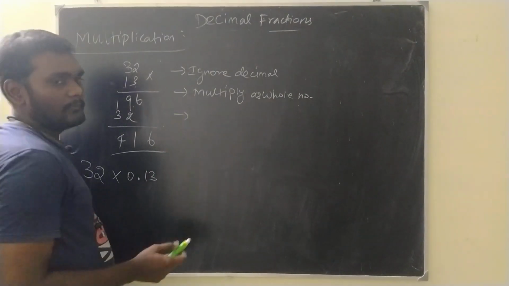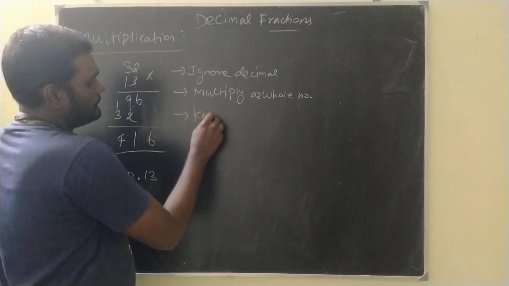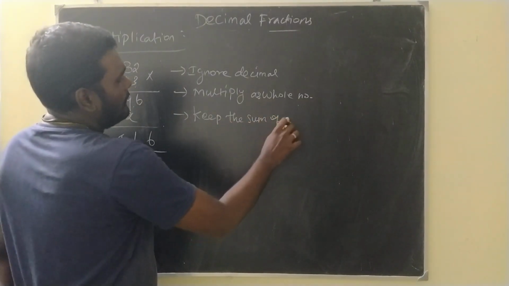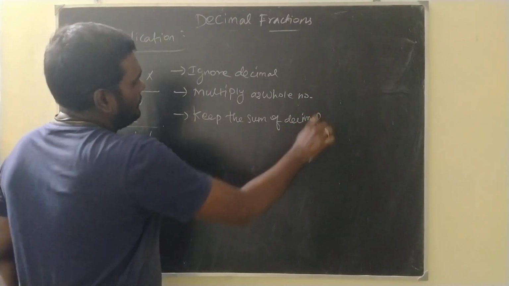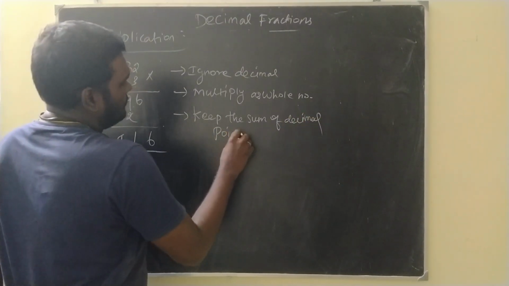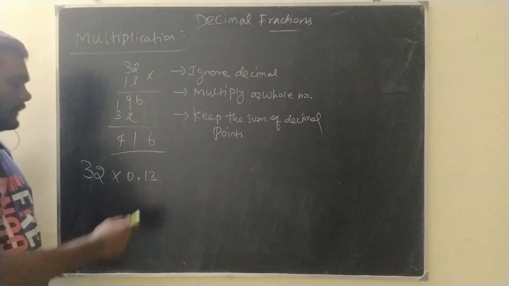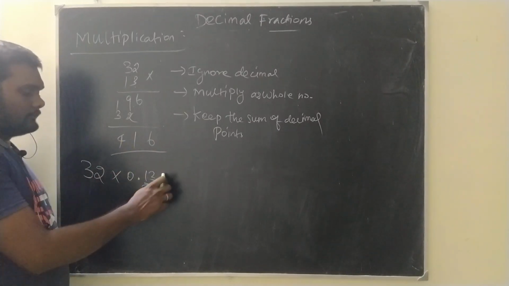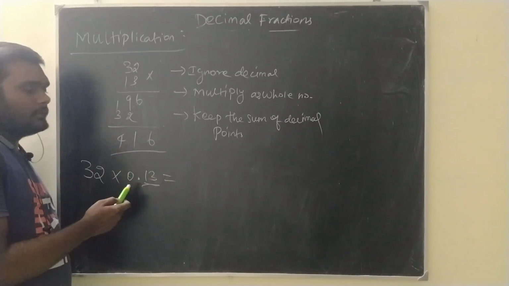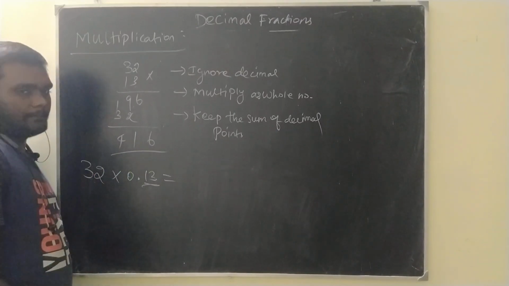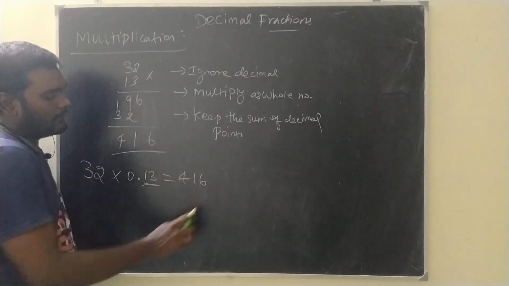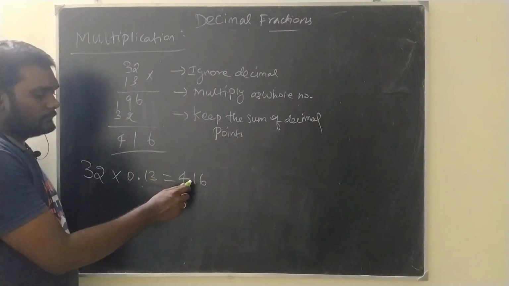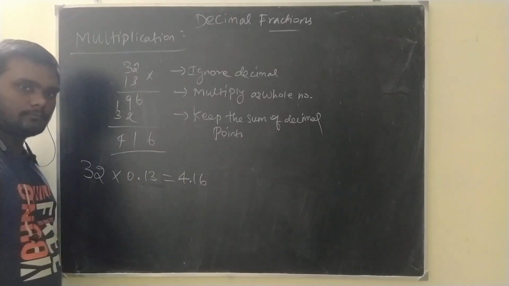Then at last keep decimal points, but the sum of decimal points. What is meant by sum of decimal points? Here two decimals are there. So at last, the answer 416. First you should ignore the decimal points and consider the number as 32 into 13. So our answer is 416. In the number, what is the total decimal points? Here 2 decimal points. So 4.16.